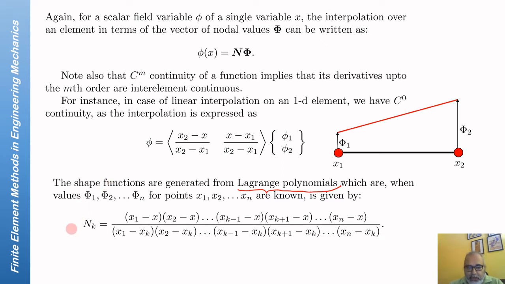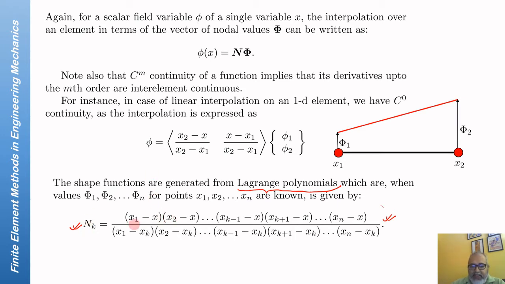So I have, let's say, n nodes which have coordinates x1, x2, up to xn, in a 1D element, and values at those nodes are phi 1, phi 2, up to phi n. These are known to me. Then to find the shape function value at any point, I use this particular polynomial. It automatically satisfies all the properties of the shape function.